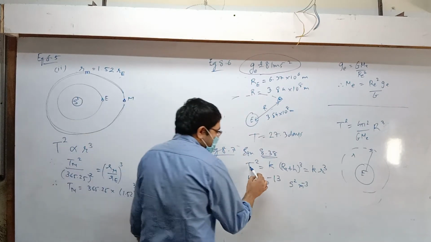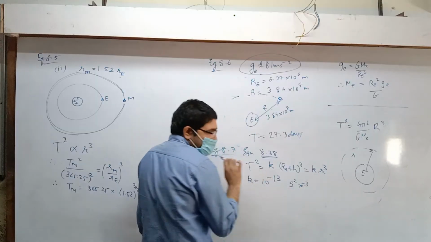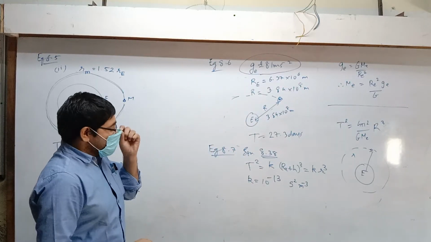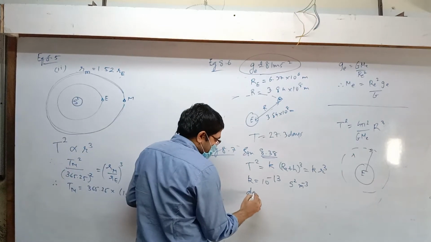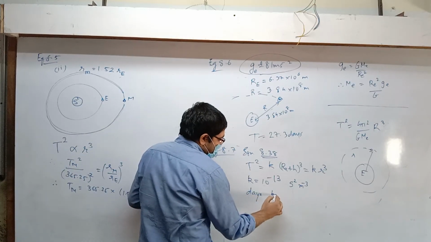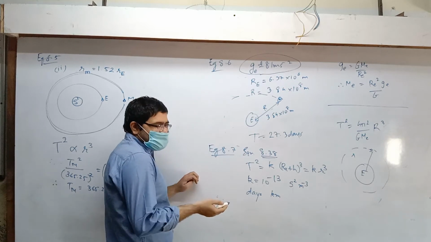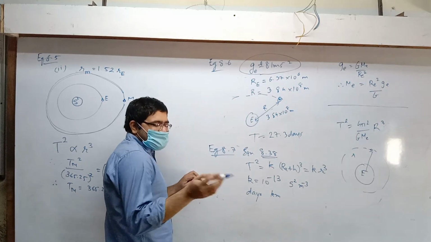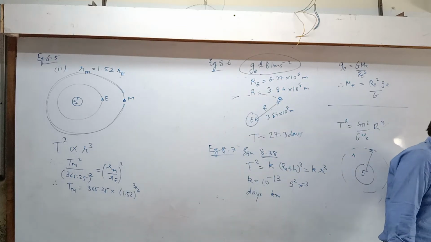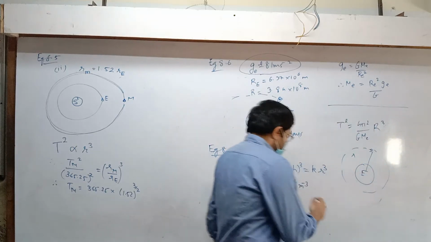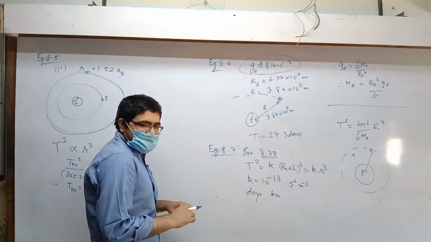So we just have to convert to which units? Days and kilometers. How do you convert? 1 day is how many seconds? 86400. Okay, so from that you can easily convert, isn't it?